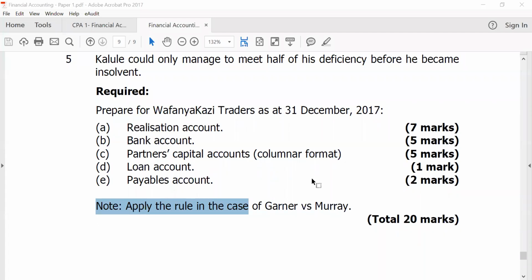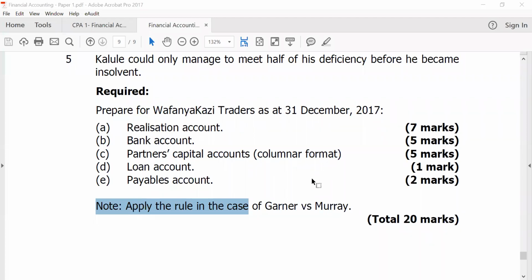Okay, so they share the deficiency using the profit sharing ratios at the balance sheet date, at the time when the firm was being wound up.